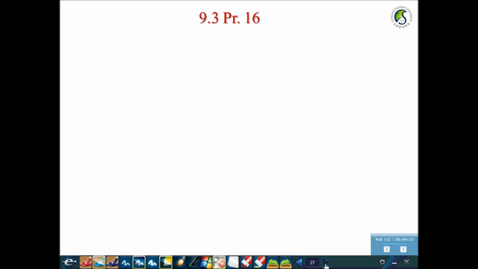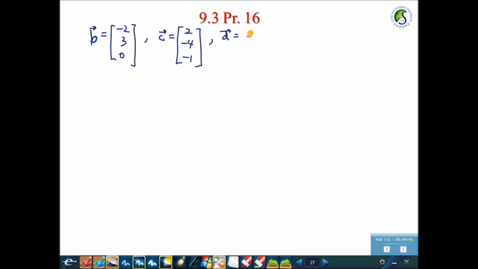Let's take a simple example. Vector B is (-2, 3, 0). C is (2, -4, -1). And D is (3, -1, 5).